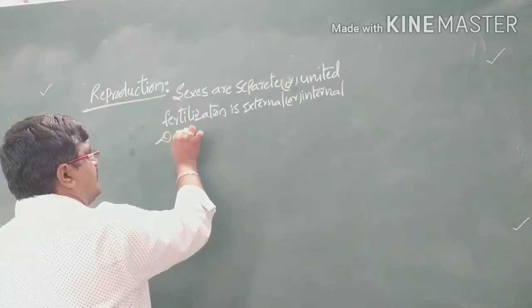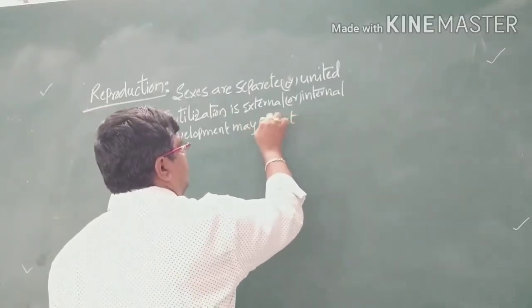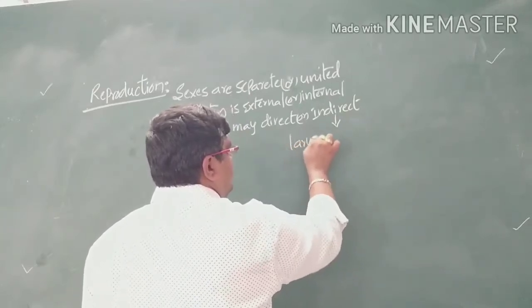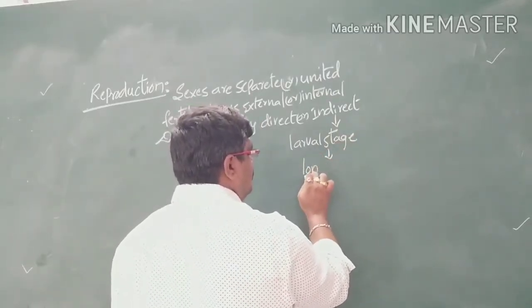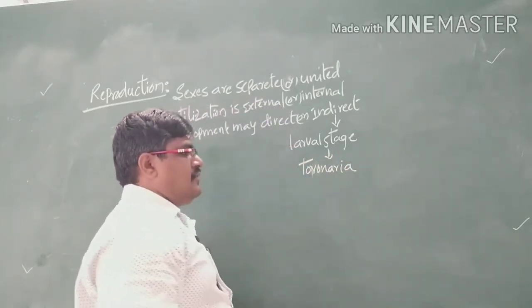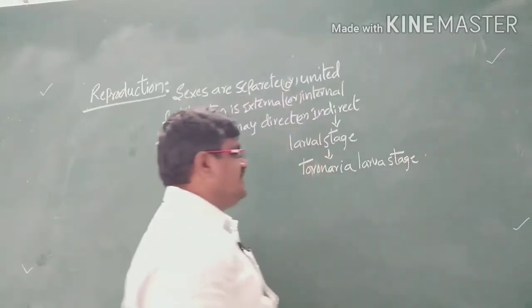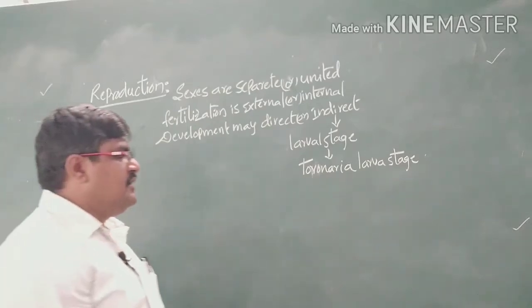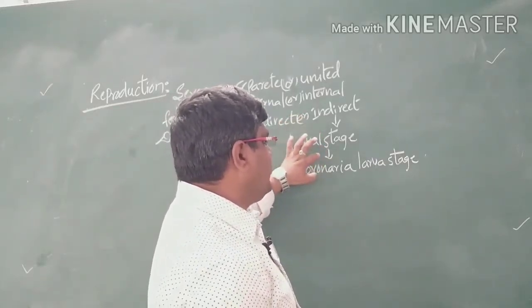And the development may be direct or indirect. Indirect development shows several larval stages, here the tornaria larval stage.